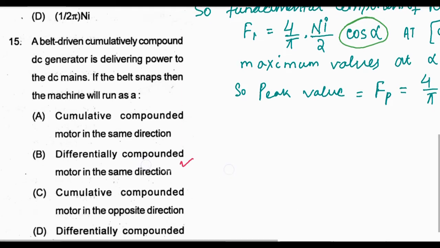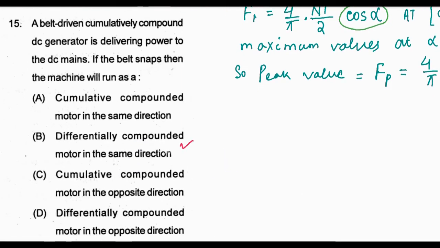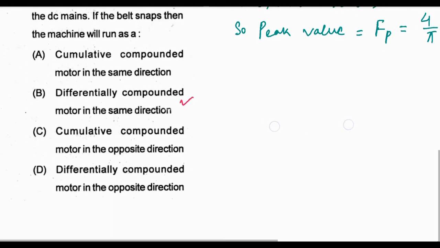Next question is, a belt driven cumulatively compound DC generator is delivering power to DC mains. If the belt snaps, then the machine will run as a differentially compound motor in the same direction. Why is this happening?